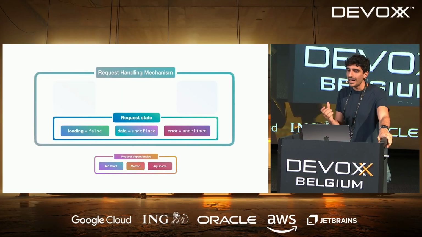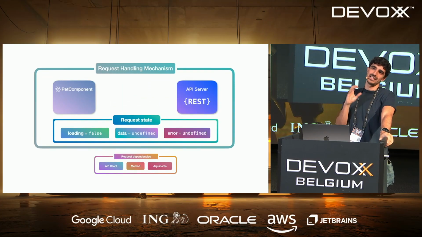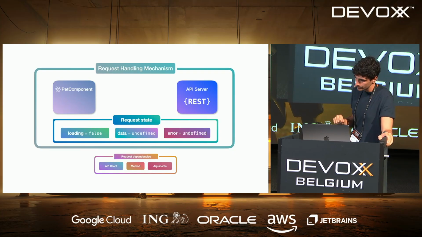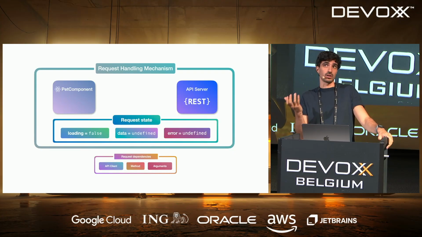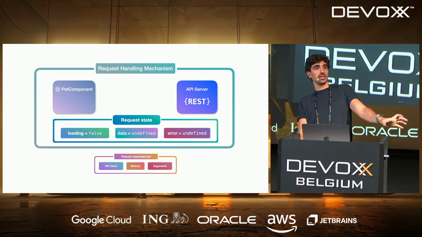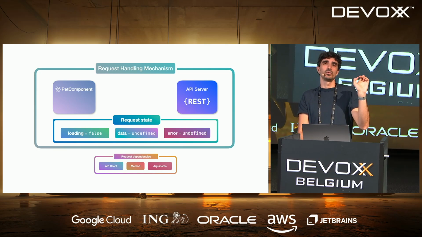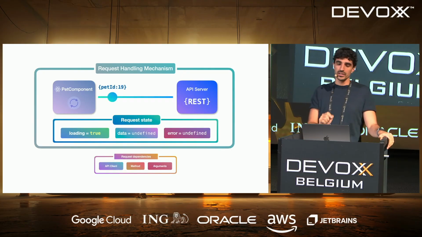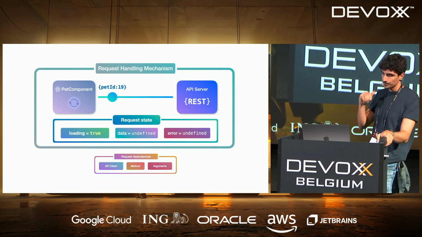Now, we can run a very simplified simulation of the communication client server. So we have our pet component that is about to get mounted. So it gets mounted, and the loading state flips to true.